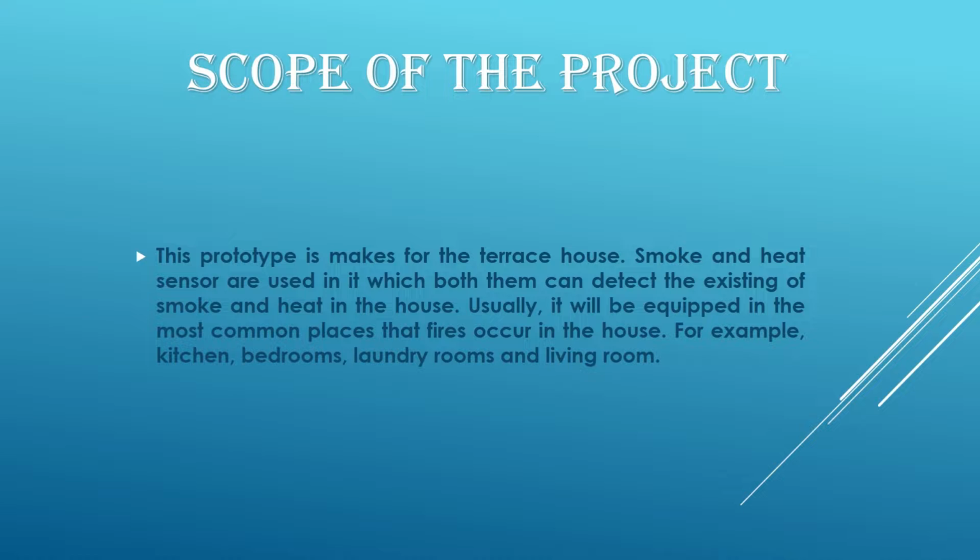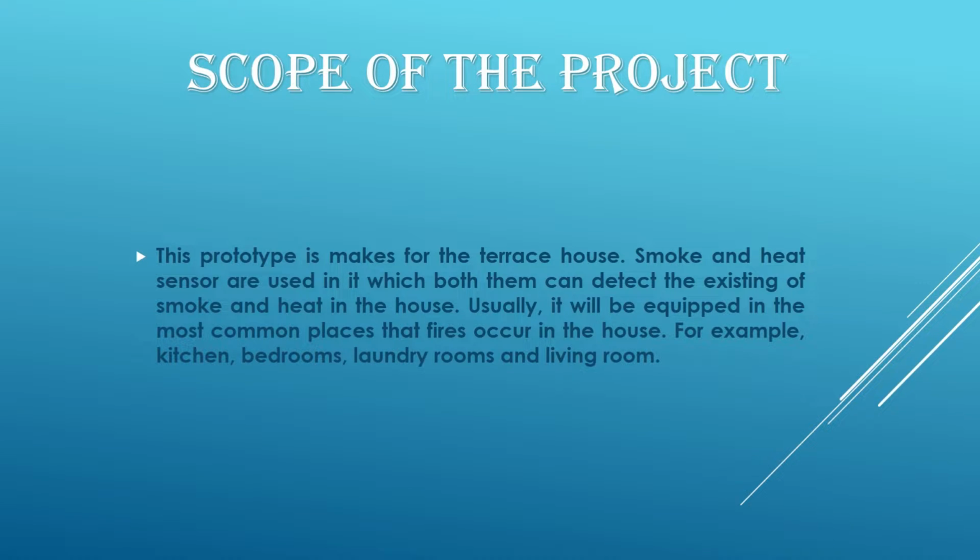Smoke and heat sensors are used, both of which can detect the existence of smoke and heat in the house. Usually, they will be equipped in the most common places where fire occurs in the house, for example the kitchen, bedrooms, laundry rooms, and living rooms.